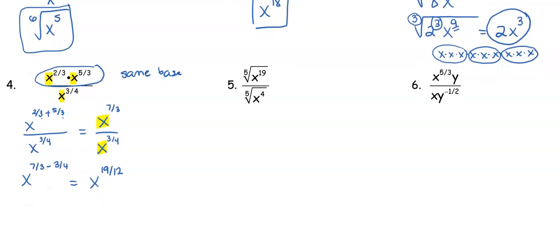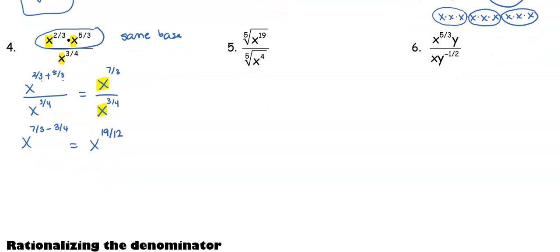Now at this point, I know that we're going to have to simplify because when I look at my fraction, it's 19/12. 19/12 is greater than 1. When my fraction is greater than 1, I know I have to simplify. But if not, we know we've got our 12th root, x to the 19th power.